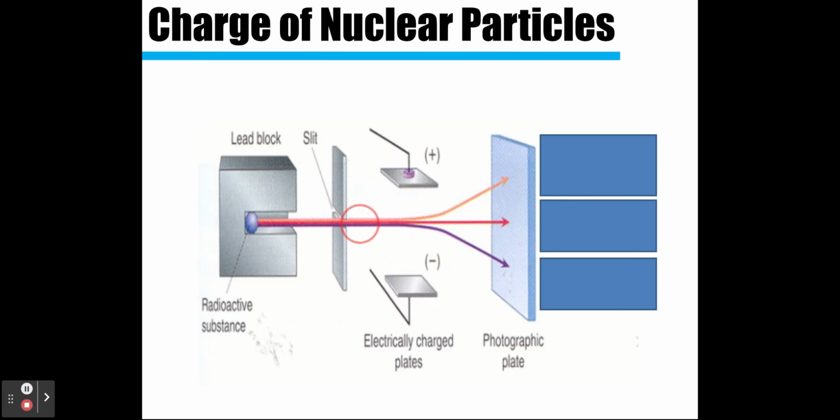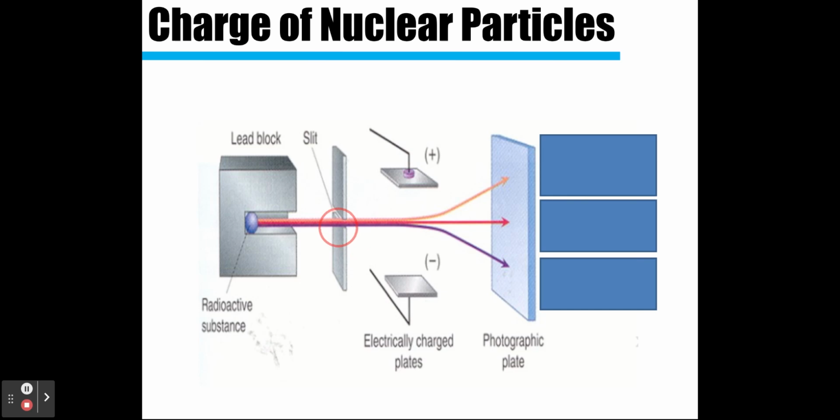So if it's a negatively charged particle, where's it going to be drawn to? Well, like charges repel, opposites attract. So if this was a negative beta particle, you would expect it to bend towards the positive plate as it's going through.